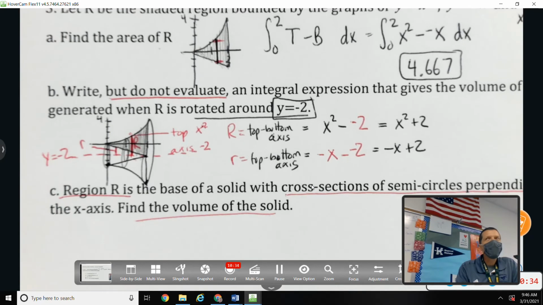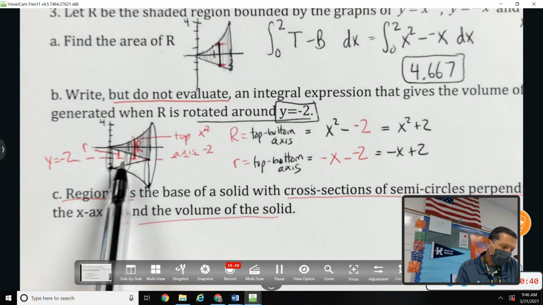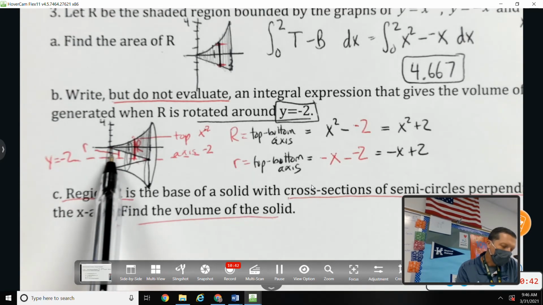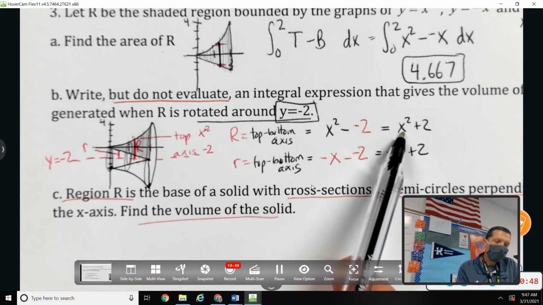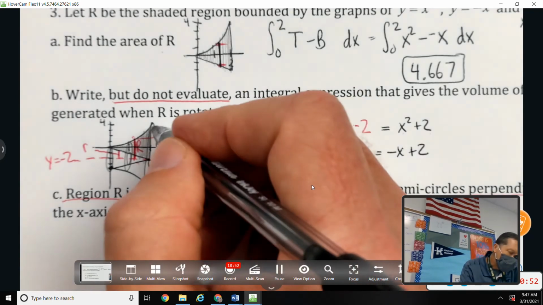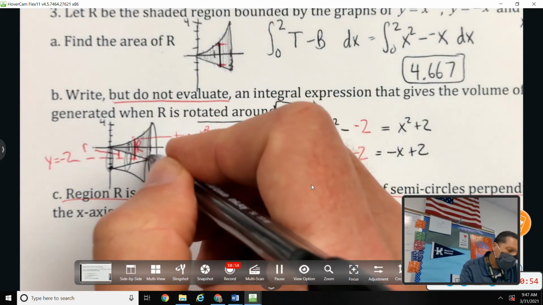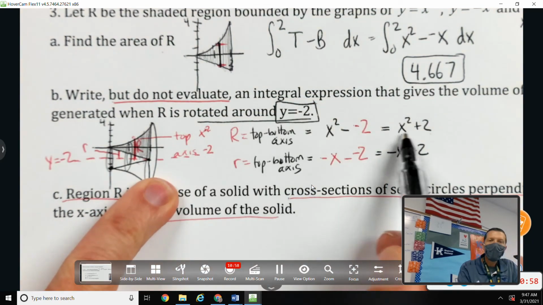If you're stuck, you can test different points. You can test the endpoints. Because at this end, you know the big R should be 2. So if I plug in x equals 0, my big R is 2. I also know at this end, big R should be 6. So if I plug in x equals 2, I get R equals 6.